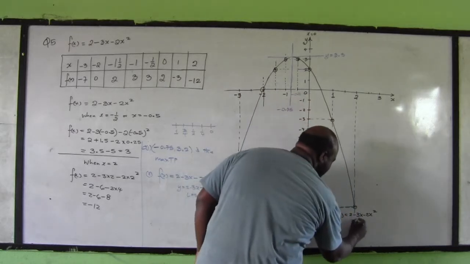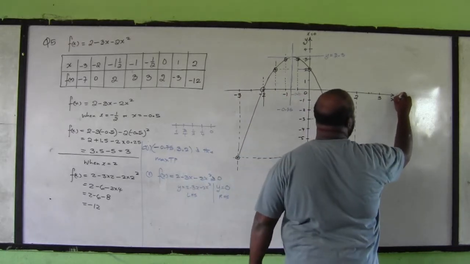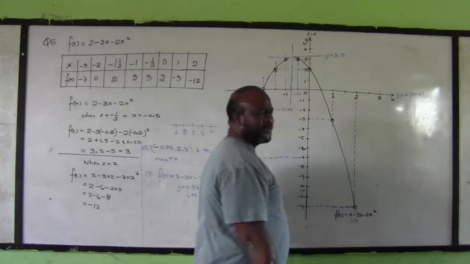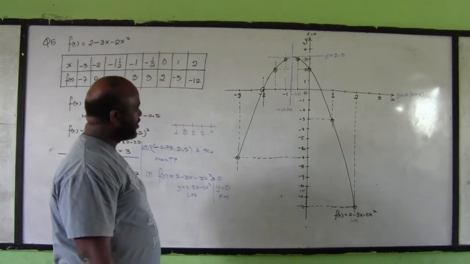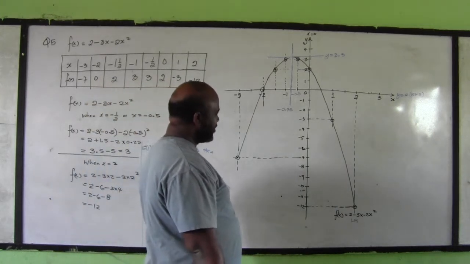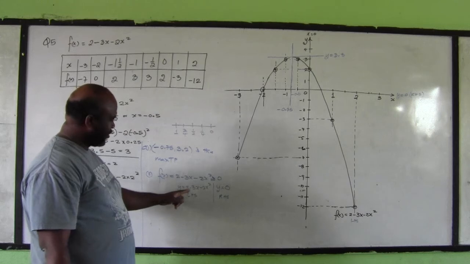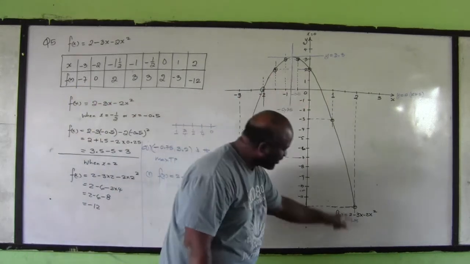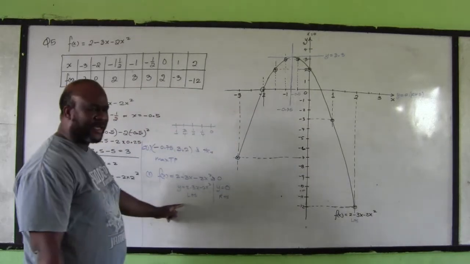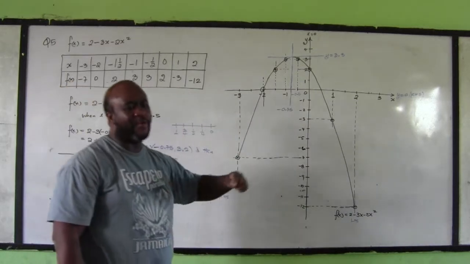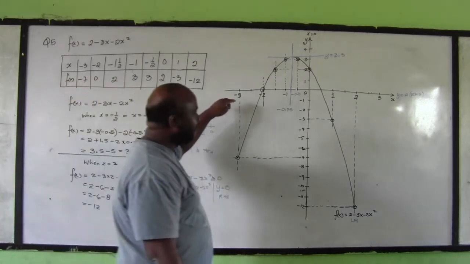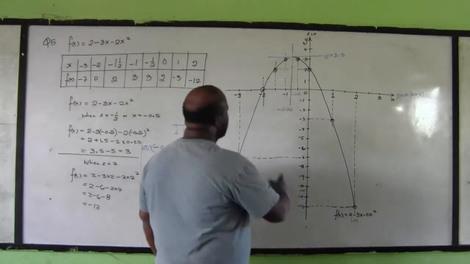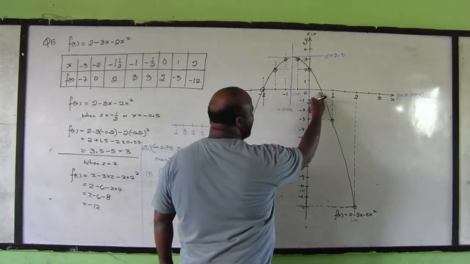This is the left hand side, and this is y is equal to 0, the right hand side. Where do they intersect? Here and here.